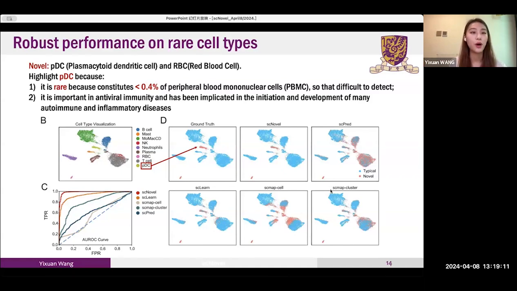The reason why we want to highlight PDC is, first, it is rare, because it constitutes less than 0.4% of all the PBMC cells. So it is definitely difficult to detect. Also, PDC have been shown to be important in antiviral immunity and have also been implicated in the initiation and development of many autoimmune and inflammatory diseases.